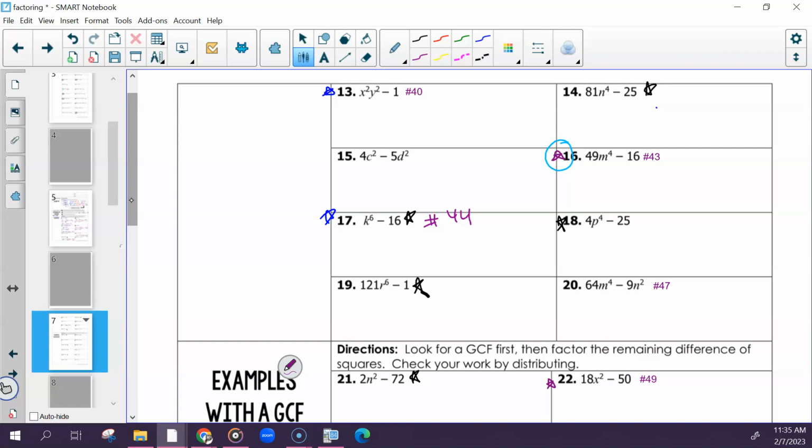So let's see, can we find the factors of 13? Let's see. Y plus 1 and that. Minus 1.